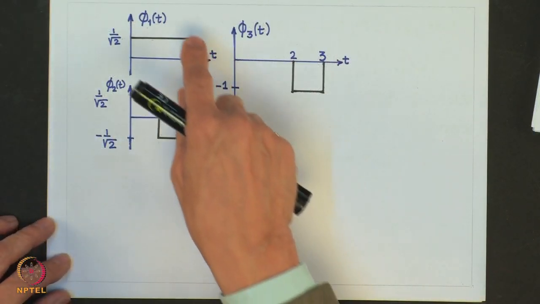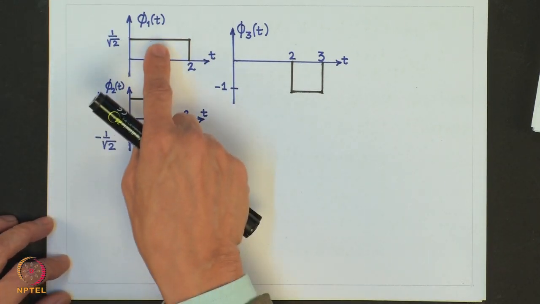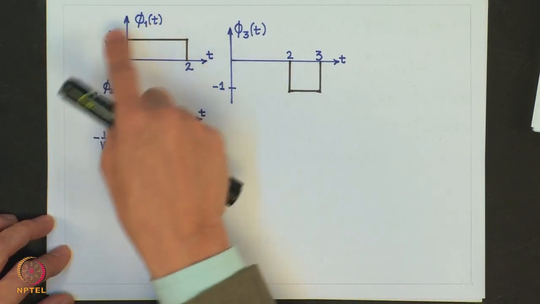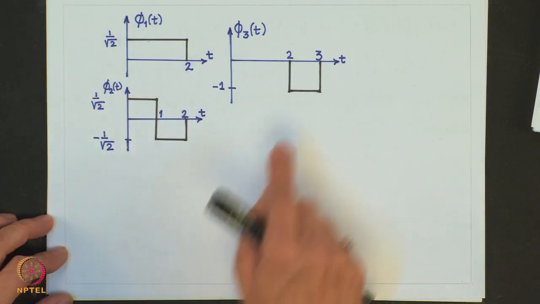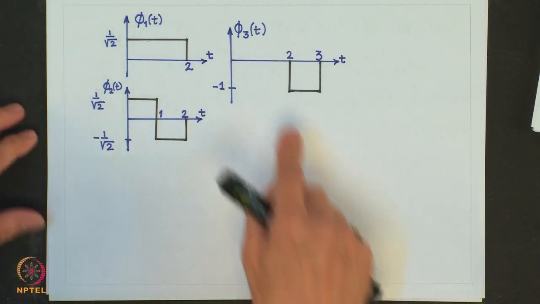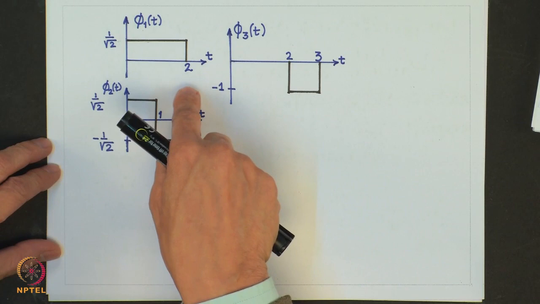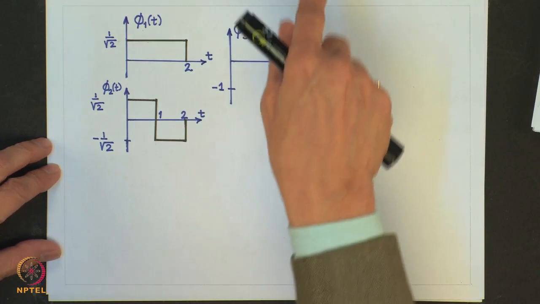So, based on this, the 3 orthonormal basis signals which we have computed are shown here, phi 1, phi 2, phi 3. So, this resembles s1(t) except for the normalizing factor, this also resembles s2(t) except for the normalizing factor, and this is really different from s3(t), correct. So, once we have constructed the set of orthonormal waveforms, in this case 3 orthonormal waveforms, we can express the 4 signals which were given as linear combinations of these orthonormal waveforms, correct.